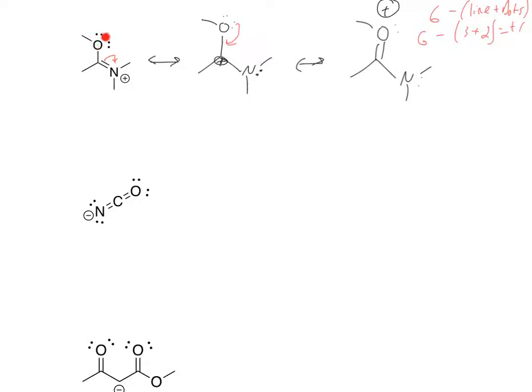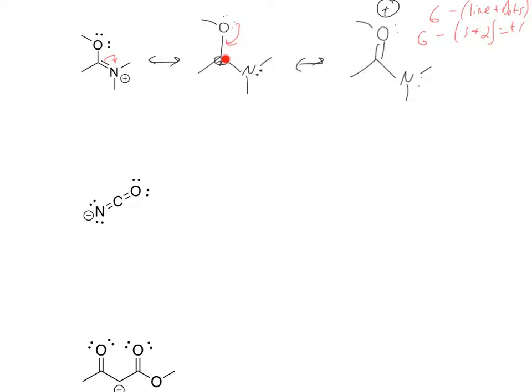So the oxygen has this full octet. Carbon's bound to 4 bonds, so it's got its octet. And even the nitrogen with the plus charge has 4 bonds, so it obeys its octet. Same thing with the oxygen up here. It's got 2 electrons, 2, 2, 2, so that gives us 8 total electrons. So all of them have a full octet with the exception of this carbocation.